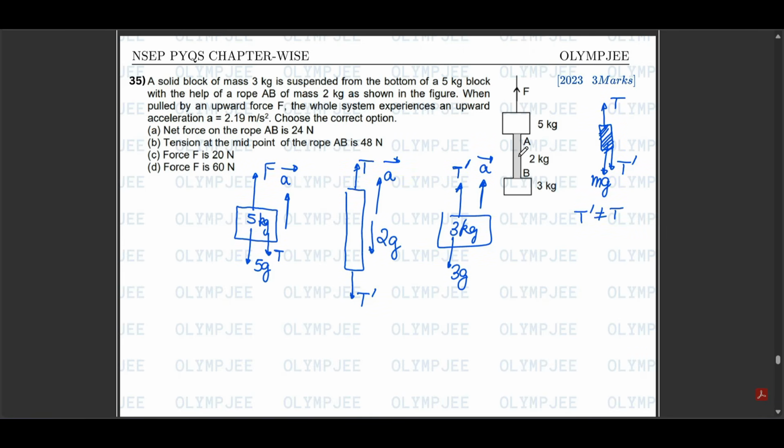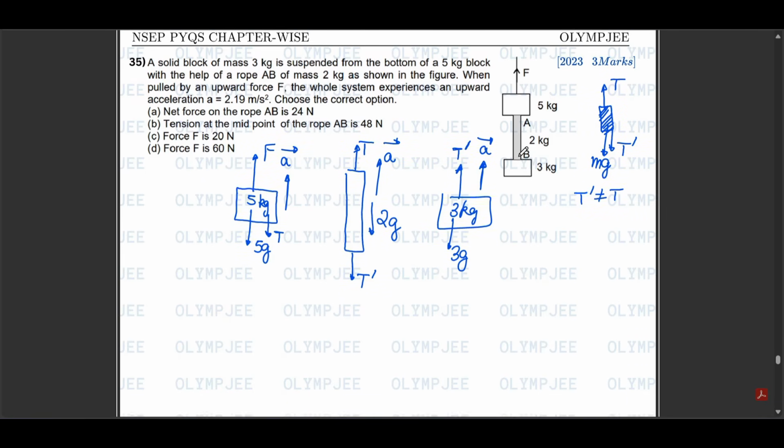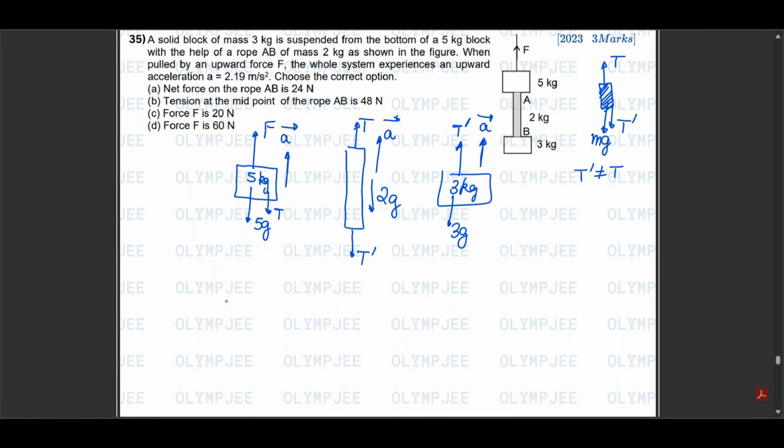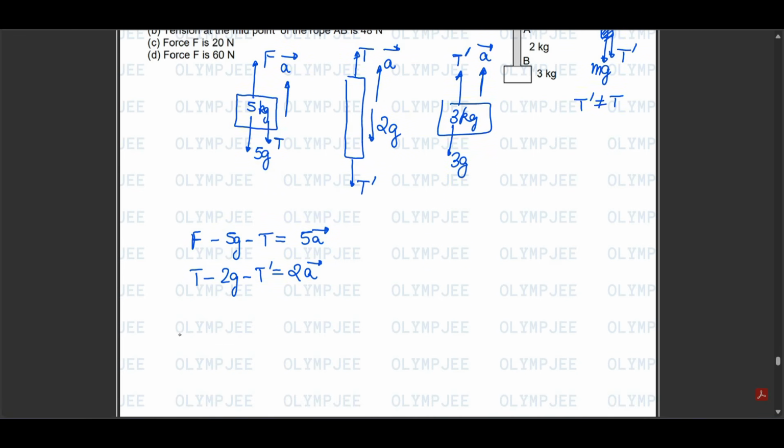If we write the equation of each body, then we'll find that F minus 5g minus T is equal to 5a. Now for this rope, T minus 2g minus T dash is equal to 2a, and for this 3 kg block, it will be T dash minus 3g is equal to 3a.